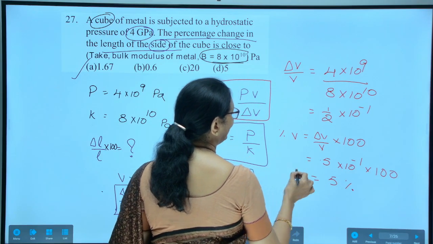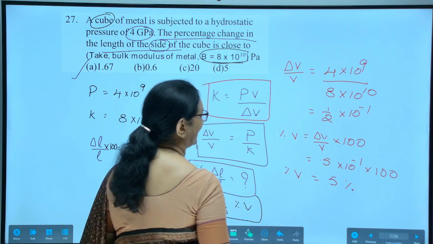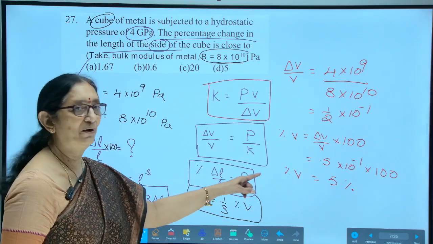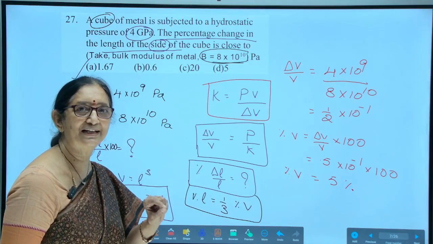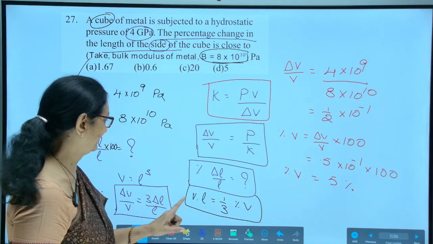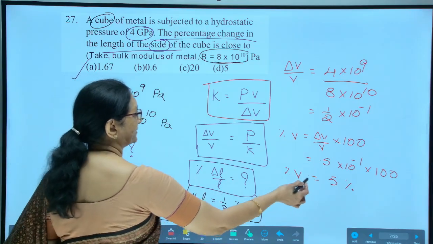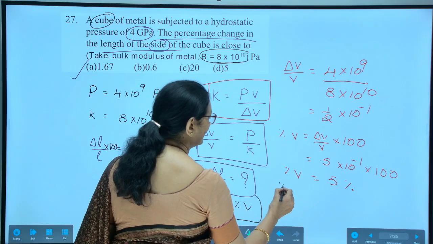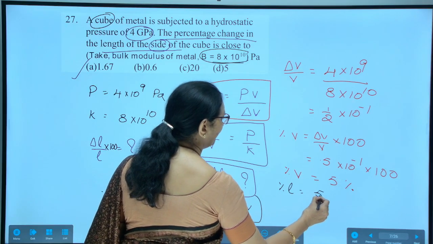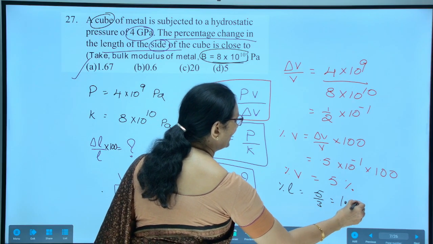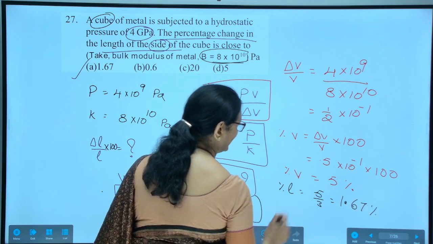We are not asked to find percentage change in volume. We are asked to find percentage change in side length. That is 1/3 percentage change in volume. So percentage change in length is 5 by 3, that is 1.67%.